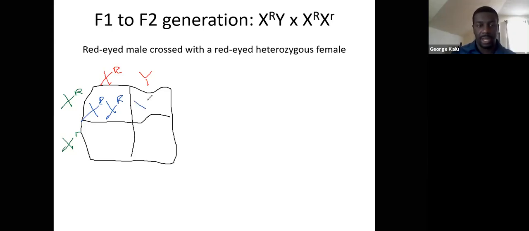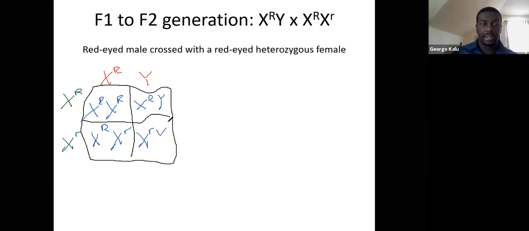X big R Y. Perfect. And then bottom left. X big R, X little r. Cool. And the last box, bottom right, should be what? X little r Y. Perfect.